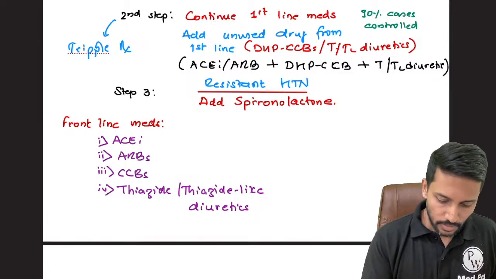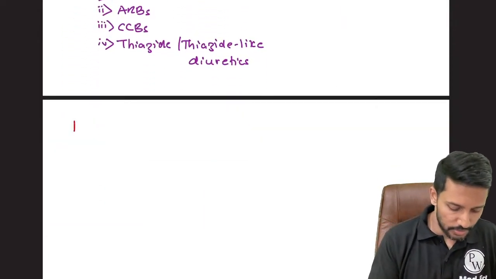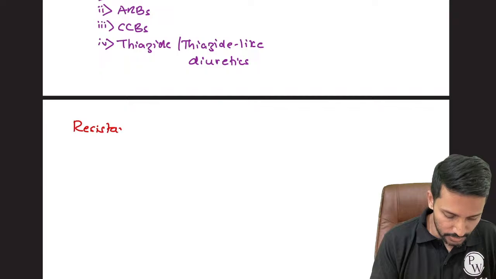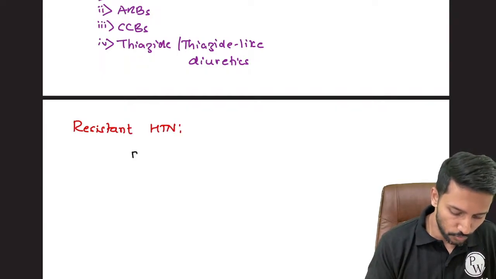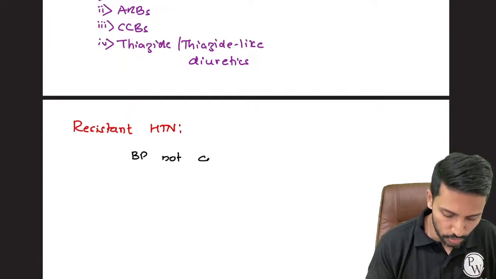Okay. Now, a few points about resistant hypertension. What is resistant hypertension? Resistant hypertension refers to BP not controlled to target.